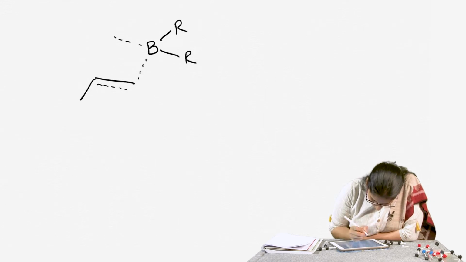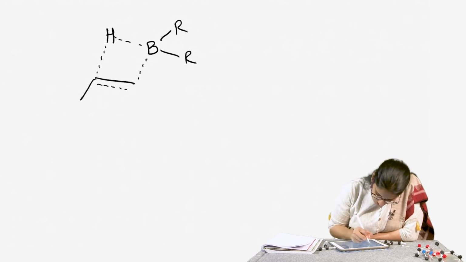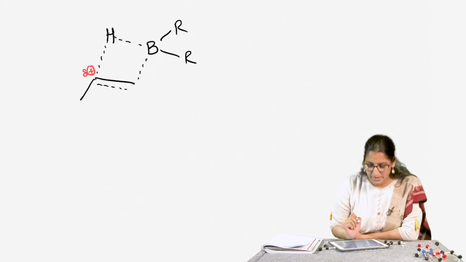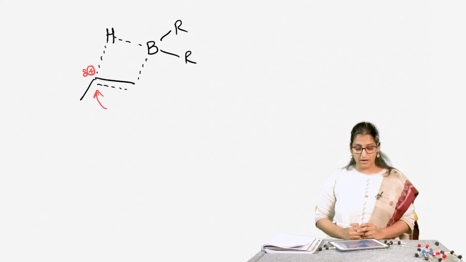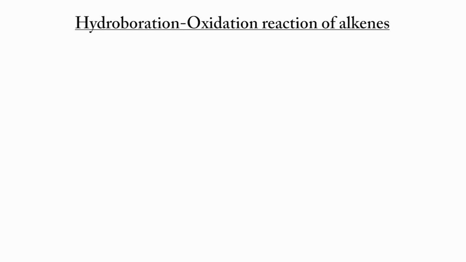If I have to represent it on paper, then as this bond starts forming, there is a delta positive character on this carbon, and as we know, it is much better to have a partial positive charge on that more substituted carbon. So, now we will look at the animation of this reaction.